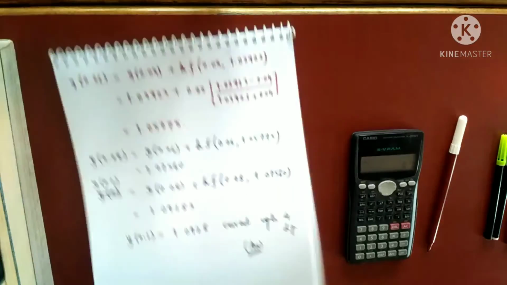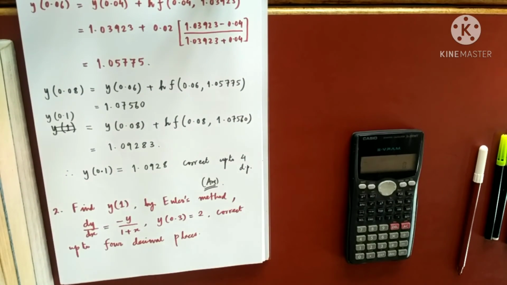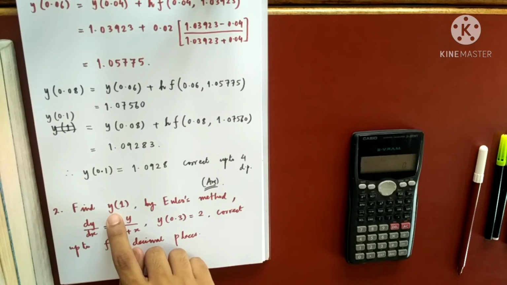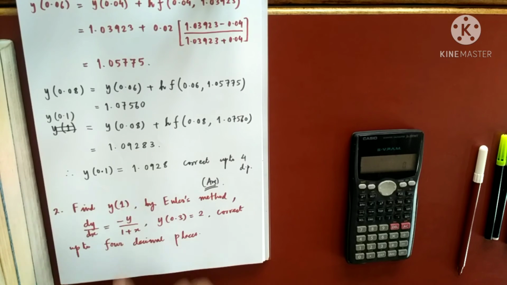Let me do another question. Suppose this is the question. From this differential equation, you have to find y at the point 1 using Euler's method. x0 is 0.3, you have to reach up to 1. This time they haven't given you h, so you have to choose a suitable h. A suitable h can be 0.1.